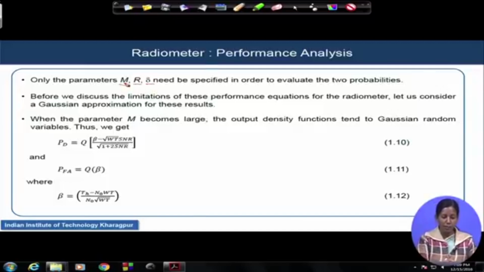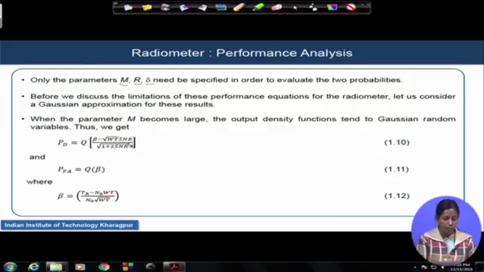When the parameter capital M becomes very large, the output density function will tend to be Gaussian, going by the central limit theorem, and hence the detection probability will be given by equation 1.10. It becomes a Q function itself, and the probability of false alarm also becomes a Q function of a quantity beta, where beta is a function of the threshold you have chosen, the noise power spectral density and the time bandwidth product.